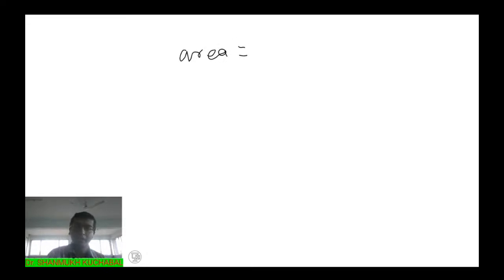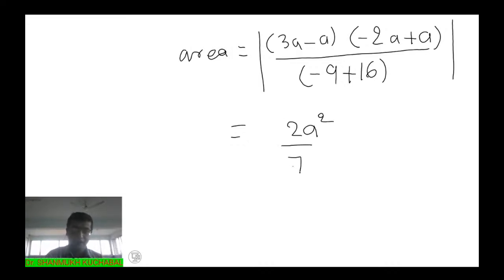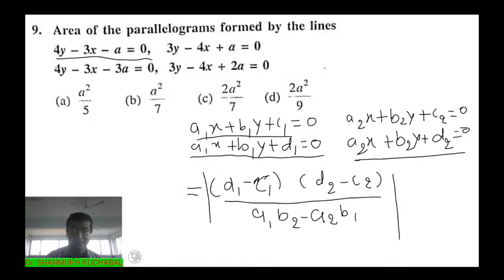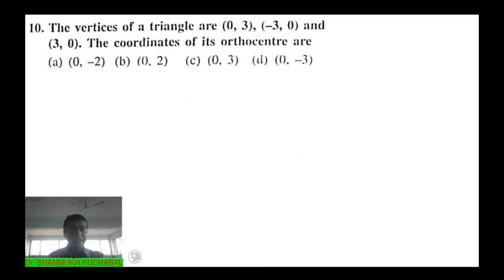We get mod of 3a minus a, into minus 2a plus a, whole divided by minus 9 plus 16. So mod of this, if we simplify, we get 2a square divided by 7 as the answer. Therefore option C, 2a square by 7, is the right answer. We'll move to the next example.